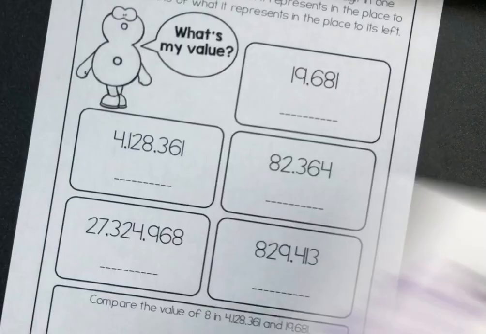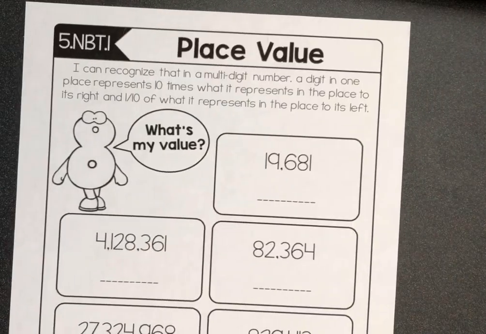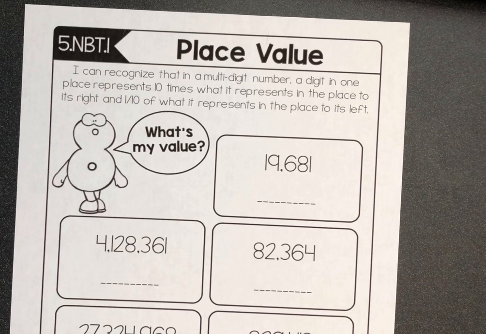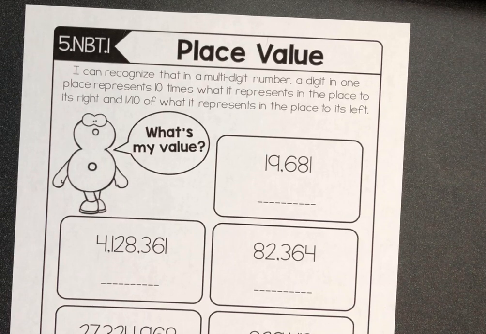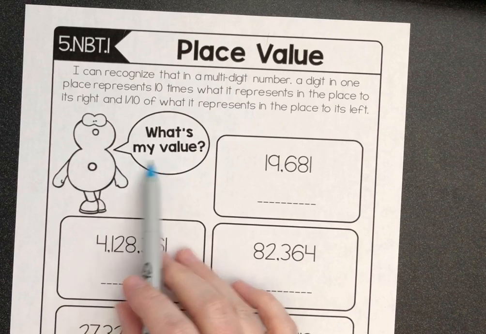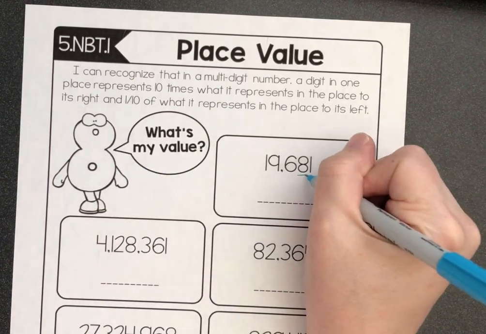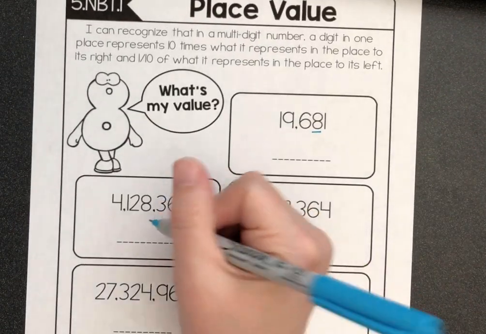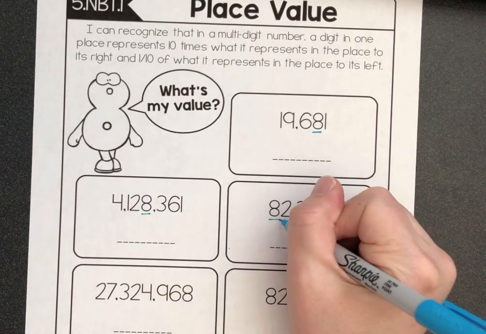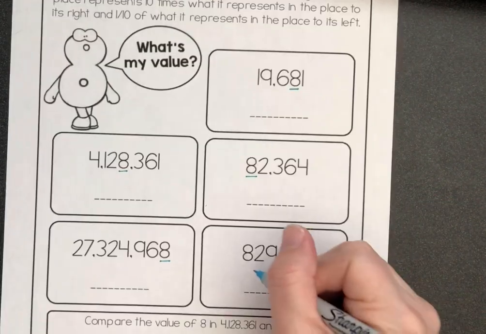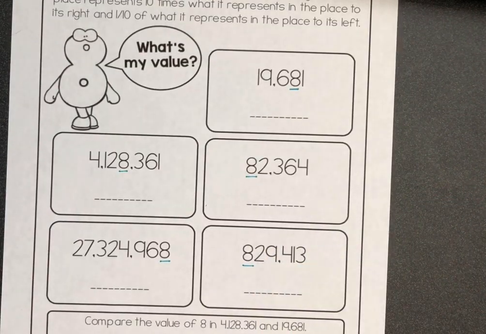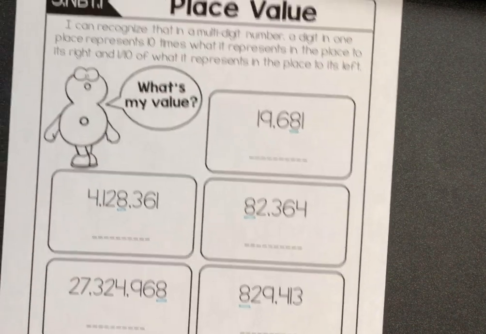Okay, so keeping this in mind, let's take a look at this. The directions here are asking us what is the value of the 8. So each one of these numbers has an 8 in it, and that 8 is in different place value spots. So the value of that 8 is different depending on what place value spot it is in.